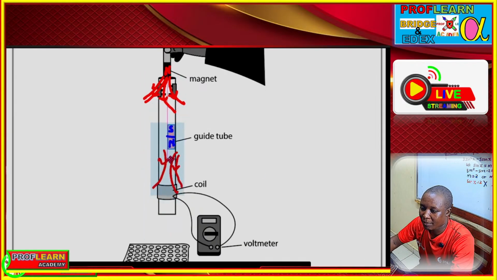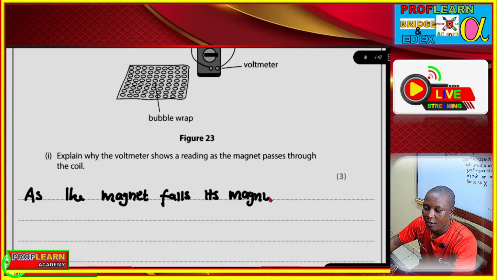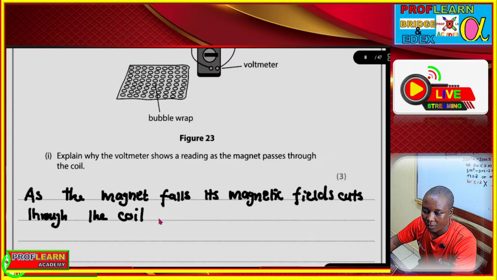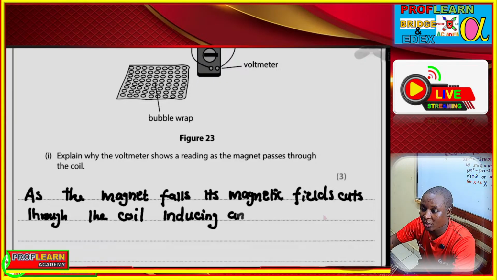So basically that's what we're going to have there. This magnet is going to drop, and in the process of dropping, these magnetic fields are going to cut through the coil, and then there will be an EMF induced. So we can put it in words and say that as the magnet falls, the magnetic fields cut through the coil, inducing an EMF or voltage, which is going to result in the flow of current, and that is going to be detected.